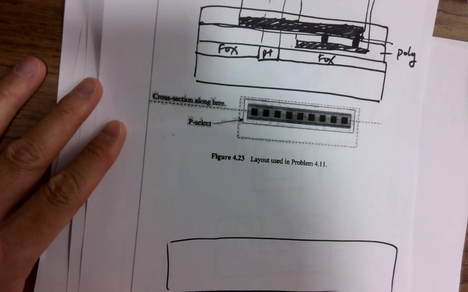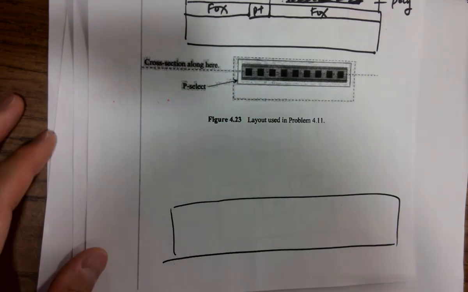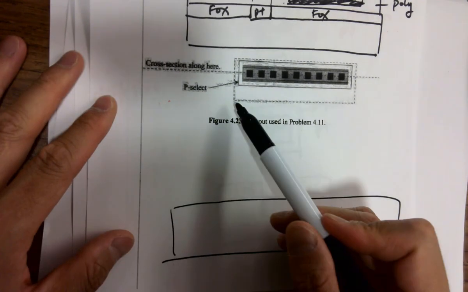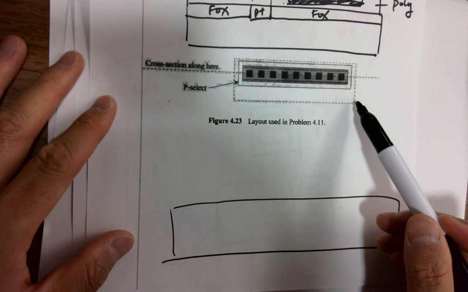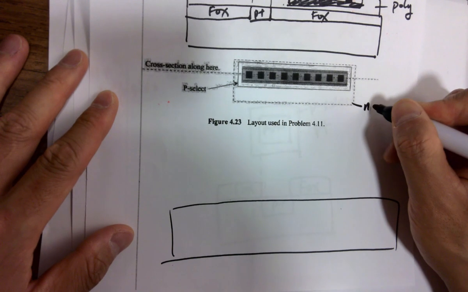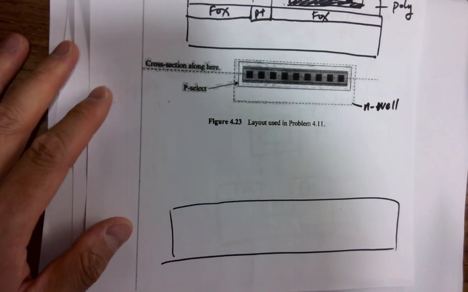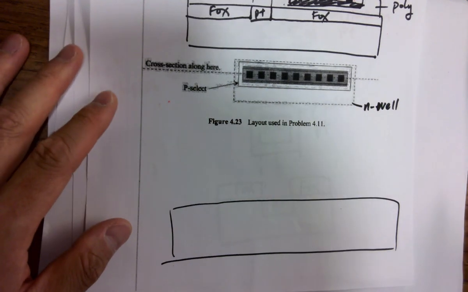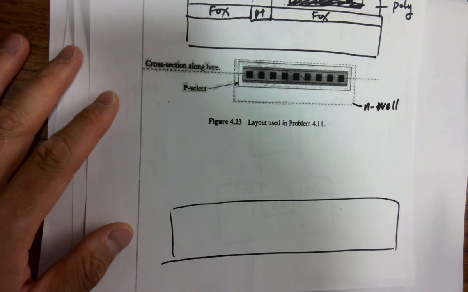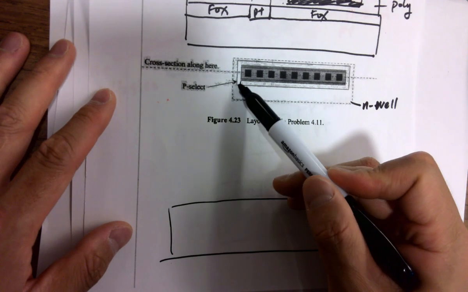Draw the substrate first. See what's the dashed line here? What is this? That's the P-plus. It should be unwell. It's not labeled, but it should be unwell. Let's assume it's unwell. So you've got a P select, and within the P select is a P act.